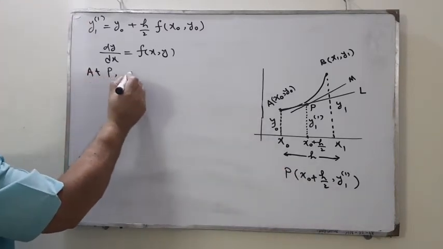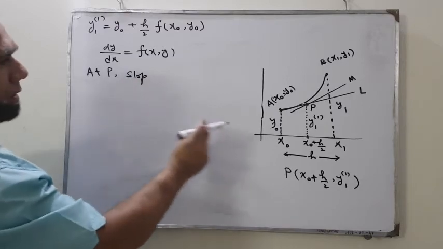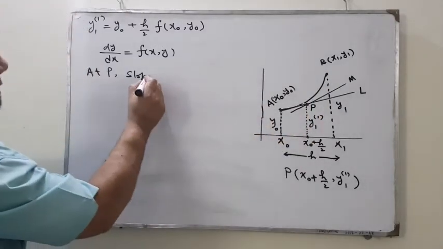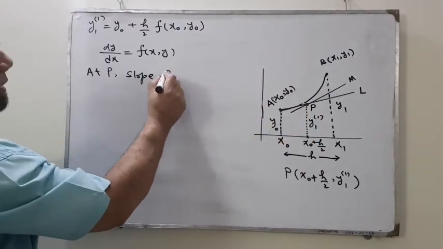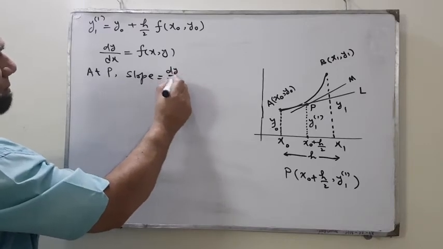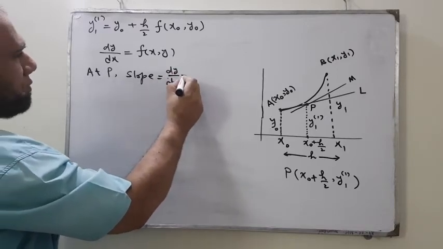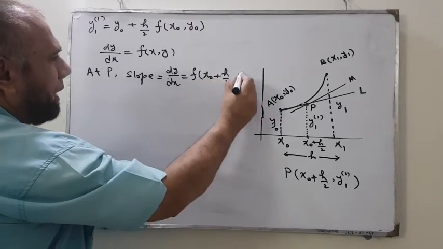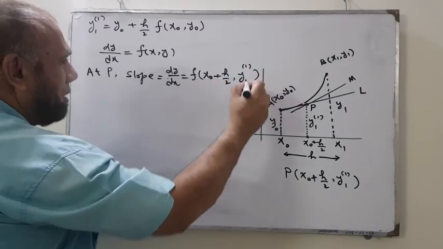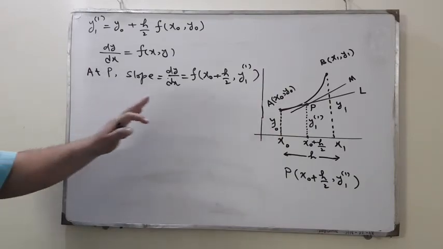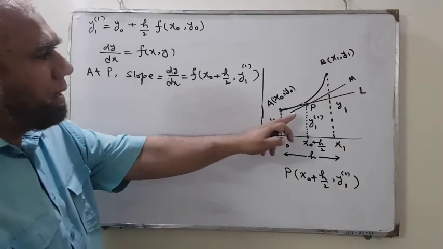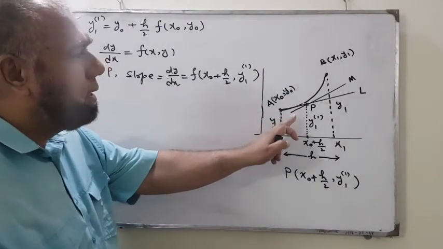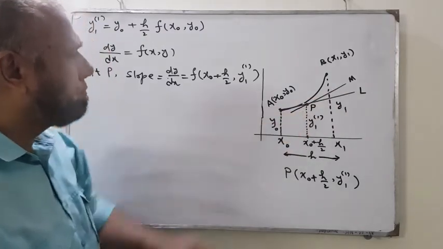At P, the slope of the tangent line through P equals f of x0 plus h by 2, y11. This is the slope of the tangent line at the point P, which I have shown by PM.